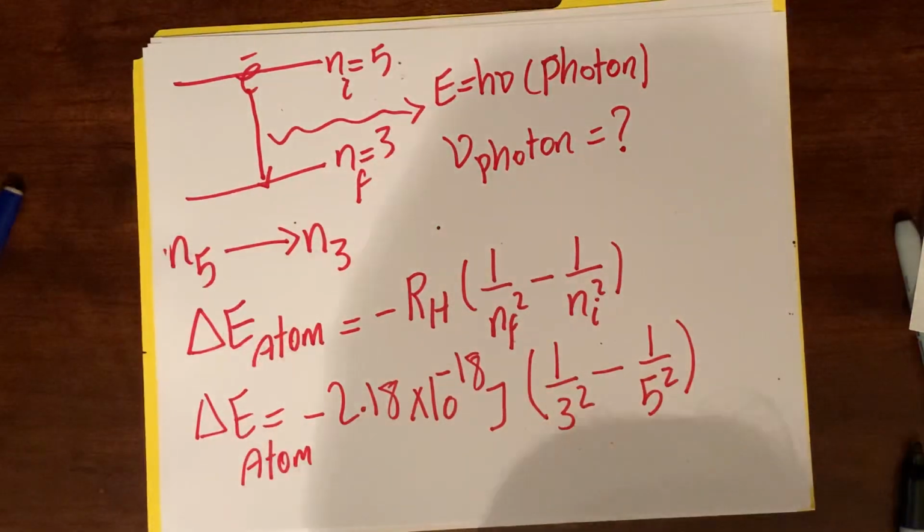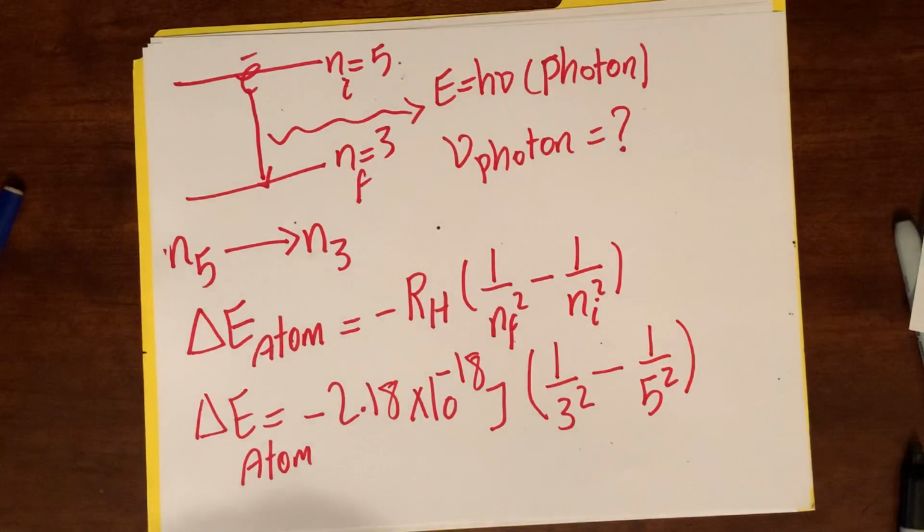Let's get this one. So we have 1 divided by 9 minus 1 divided by 25. That's going to give us 0.07 multiply 2.18 times 10 to the power of minus 18.